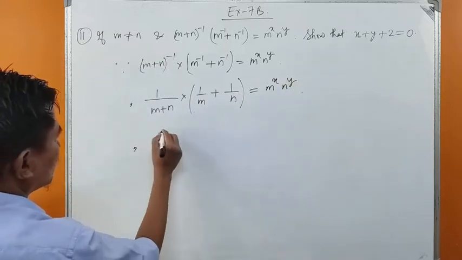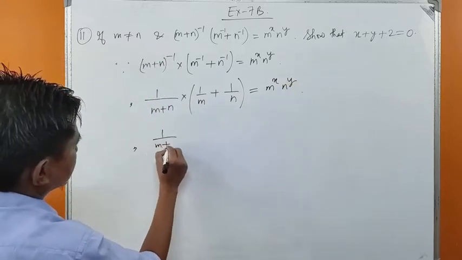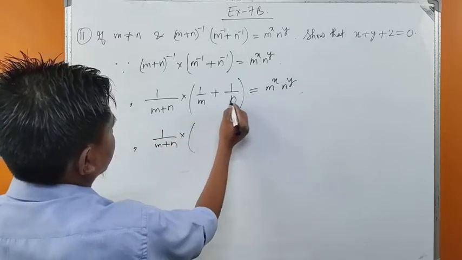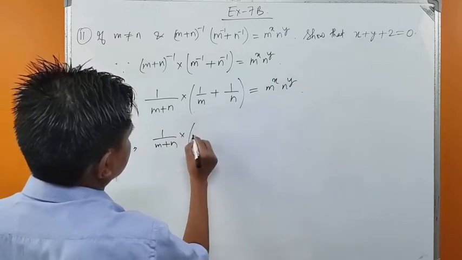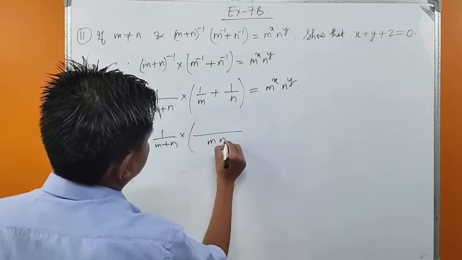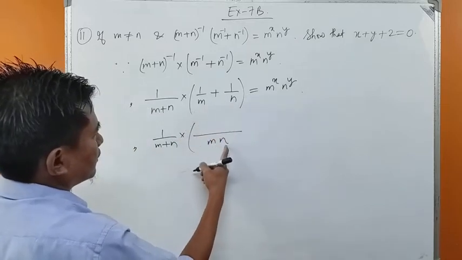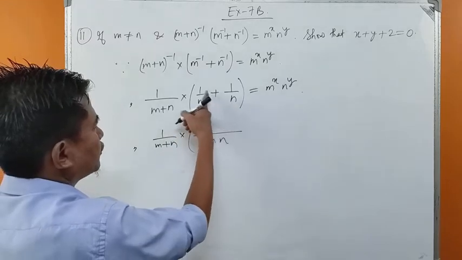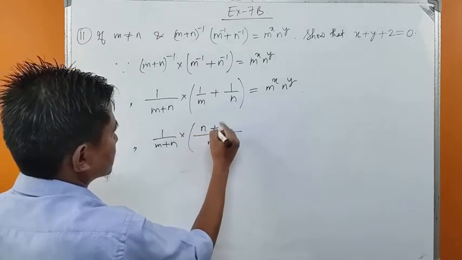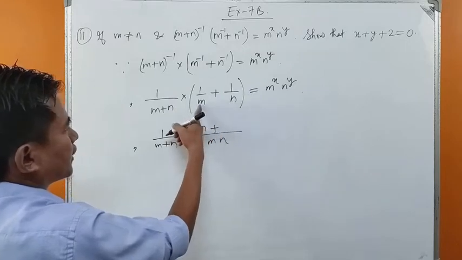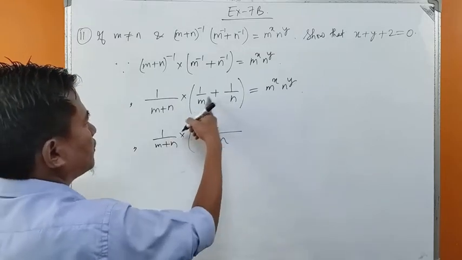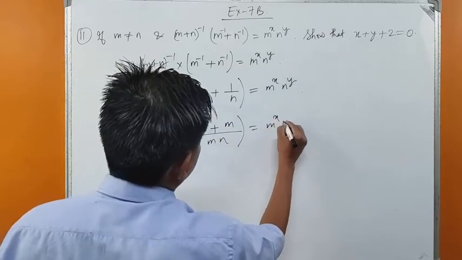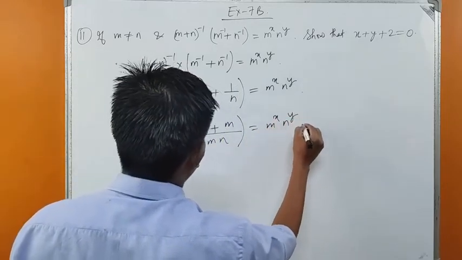So 1 upon (m plus n) into, okay, let's take the LCM of the denominators m and n, we get mn. M into n is mn. M when multiplied with n gives us mn, so n into 1, n, plus n when multiplied with m gives us mn, so m into 1, m, equals m to the power x into n to the power y.